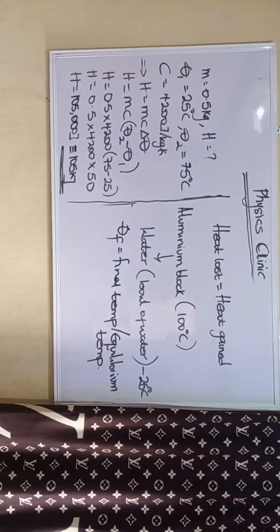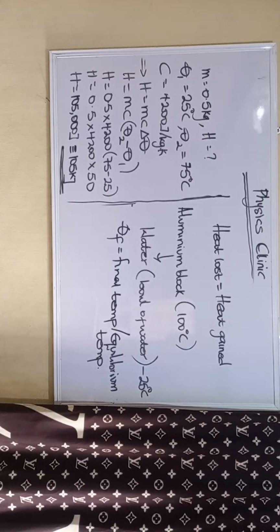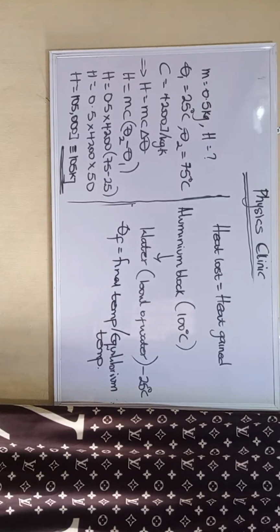If the final temperature is 25 degrees Celsius, we are told to calculate the specific heat capacity of the metal.